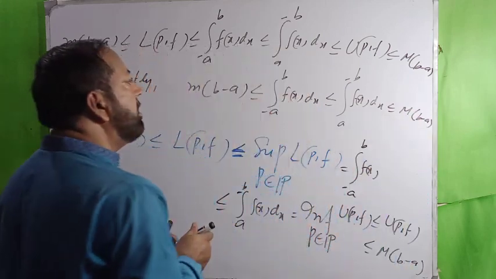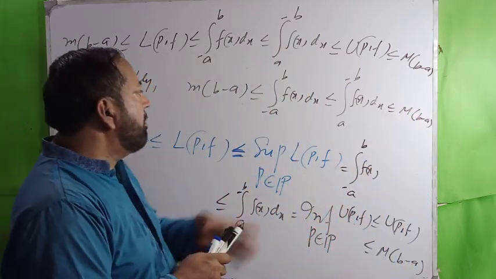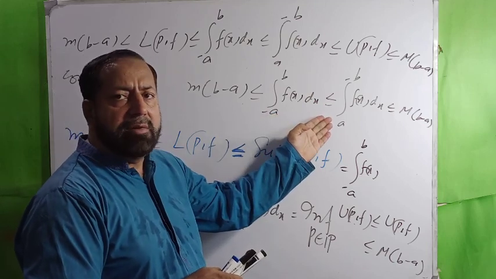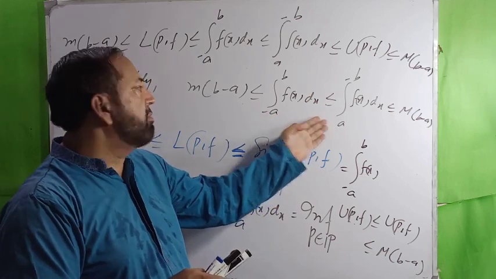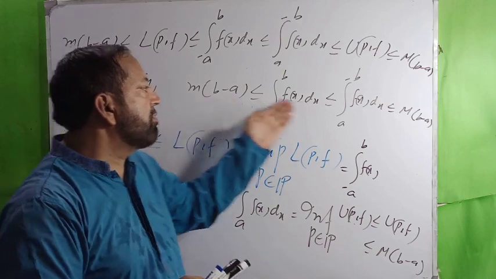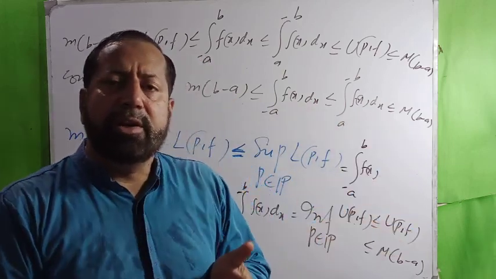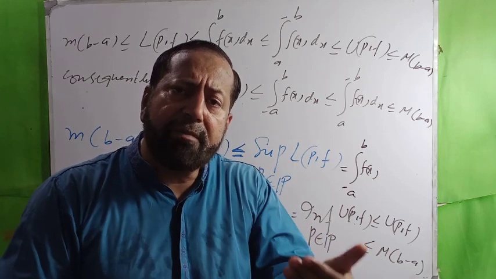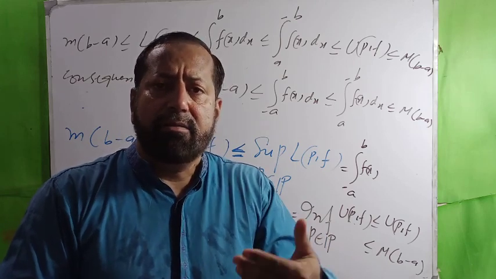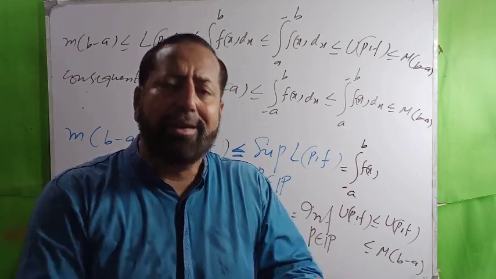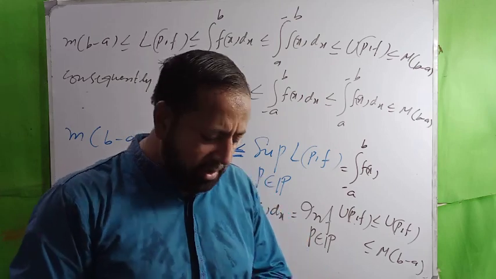Again, from here you can see that upper and lower integrals are always lying between small m into (b minus a) and capital M into (b minus a). What does it mean? That lower and upper integrals corresponding to a bounded function f on [a,b] always exist and are bounded as well, right?